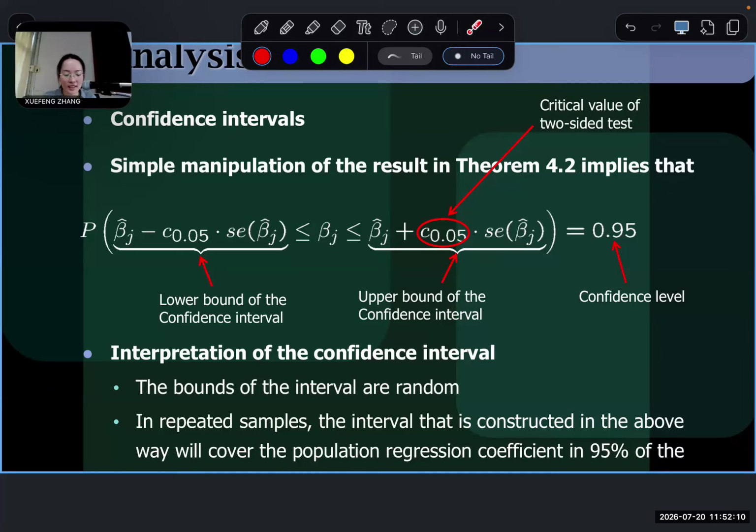What does it mean here? What is a confidence interval? Here is the calculation and manipulation of a confidence interval. Because we use the 5% critical value, we get our confidence interval at 95%, right?